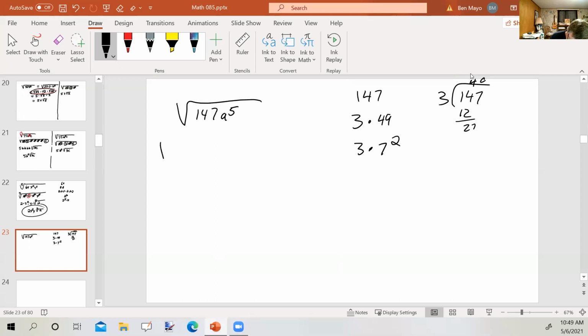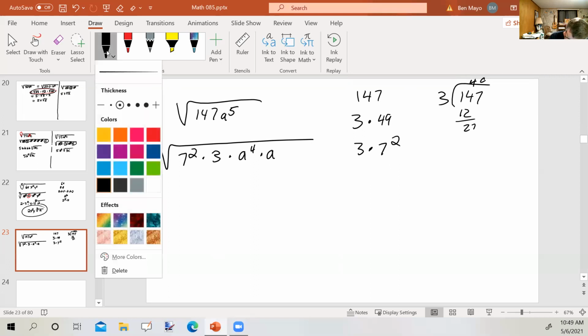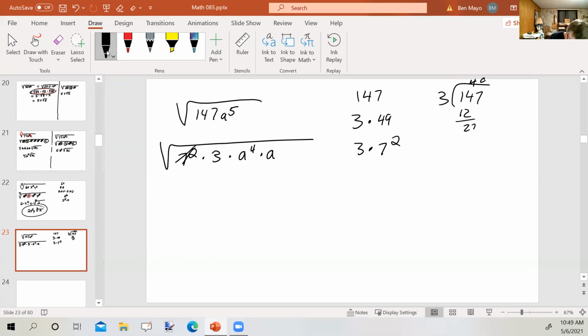Okay, so here's what I'm going to do. I'm going to write this as 7 squared times 3. I could have written it as 3 times 7 squared. A to the 5th. Now 5 isn't a multiple of the index, but I could rewrite it as a to the 4th times a. Why do I pull off a to the 4th? Because 4 is a multiple of the index. Okay, so now the square root of 7 squared is 7 outside.